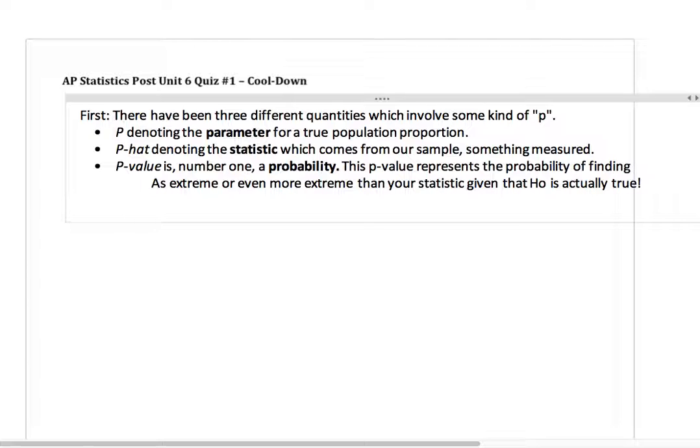So let's even put that in equation form. So p-value equals the probability of our statistic, or worse, more extreme, given H sub 0 true.